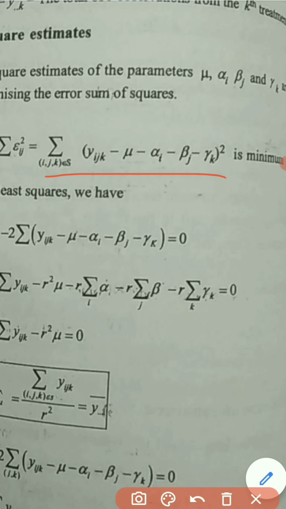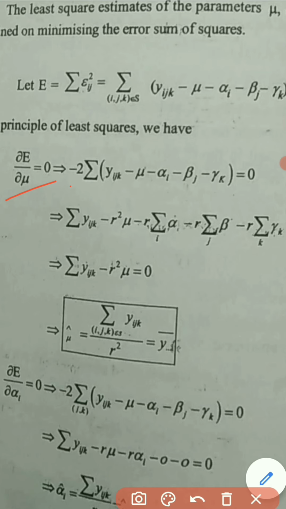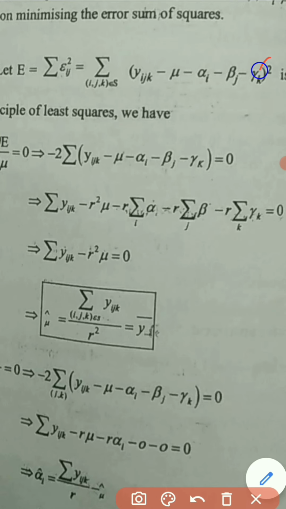Then first we will differentiate with mu, then alpha i, then beta j, then gamma k. Whenever you differentiate with mu, it will be dou E by dou mu is equal to 0. Once we differentiate this part, the 2 from the square will come to this side, and the coefficient of minus mu will be minus here.